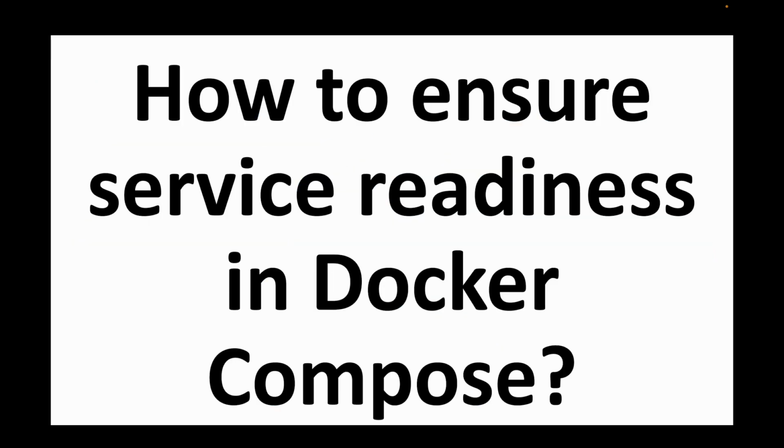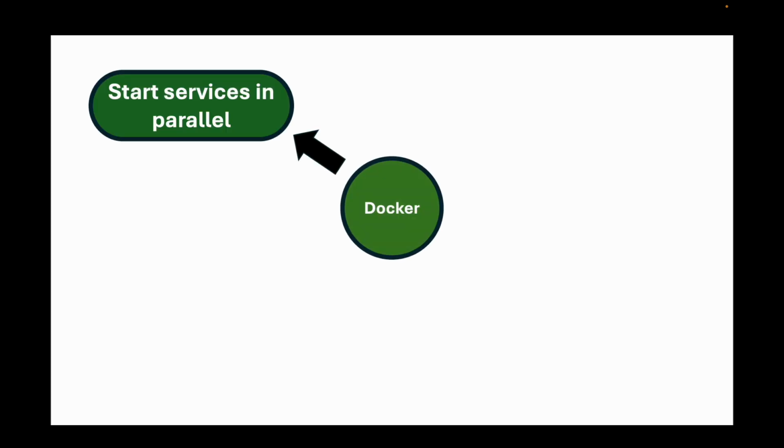The next question we have is, how do you ensure service readiness in Docker Compose? In a typical microservices stack using Docker Compose, services like a backend app often depend on databases, messaging queues, or APIs. Now the problem is Docker Compose generally starts the services in parallel, which means the application may start before the database is ready, which can lead to connection errors or crashes.